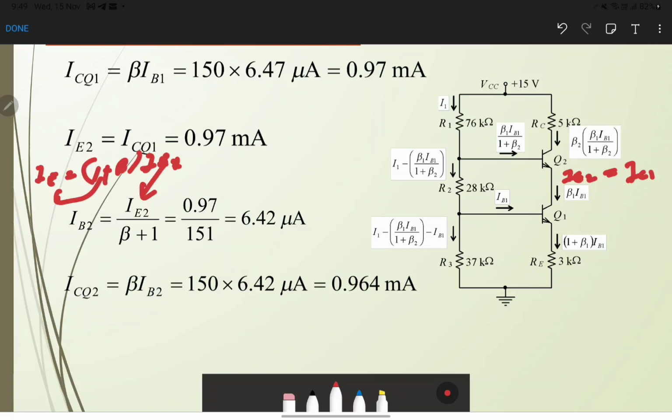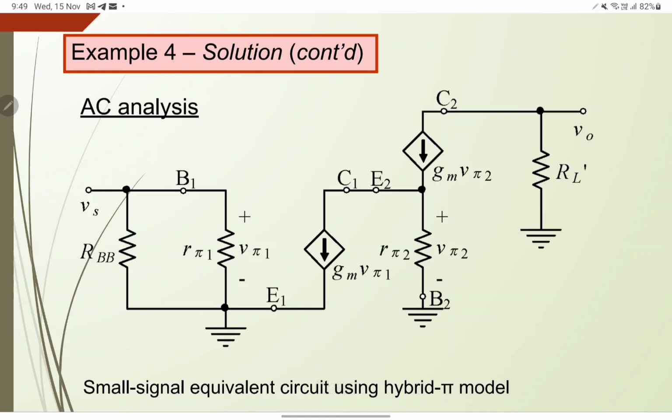So the new value for IB2 equal to 6.42 microampere. So after you got the IB2, you can find the IC2. IC2 is beta IB2, and then you get the new value for IC2 is 0.964 milli.